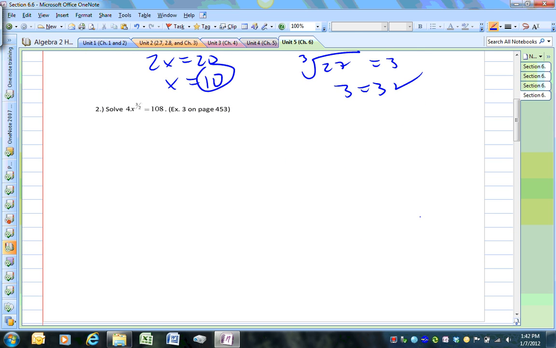Here's another one. Now, if you think about it, it's kind of like a radical equation. Because remember, x to the 3 halves is like saying the square root of x cubed. So we can actually rewrite this as 4 times the square root of x cubed equals 108. Divide by 4.